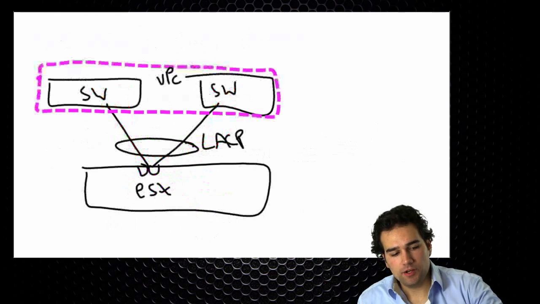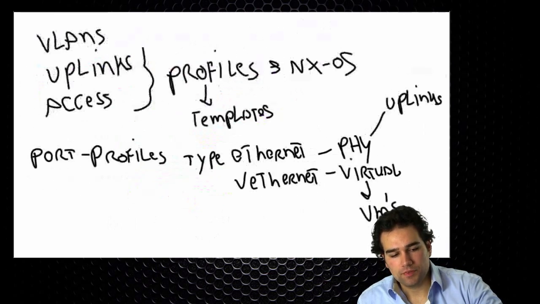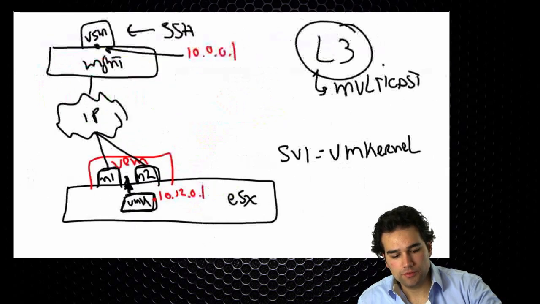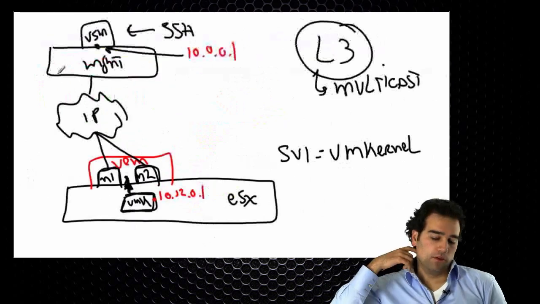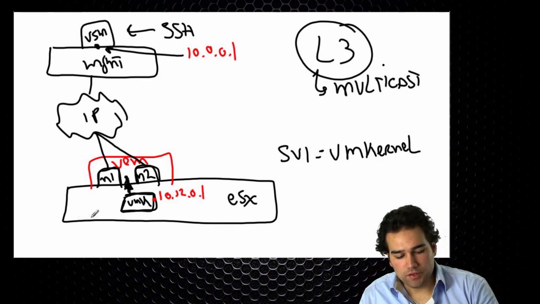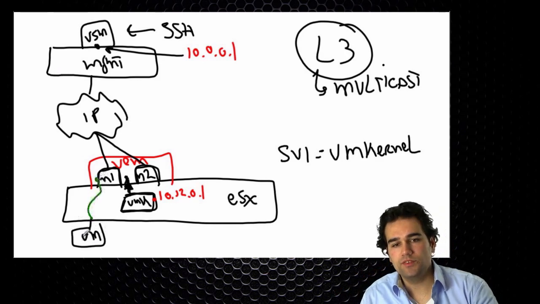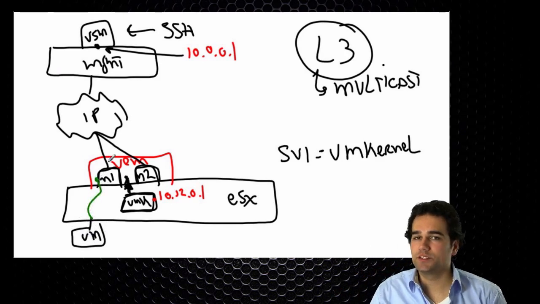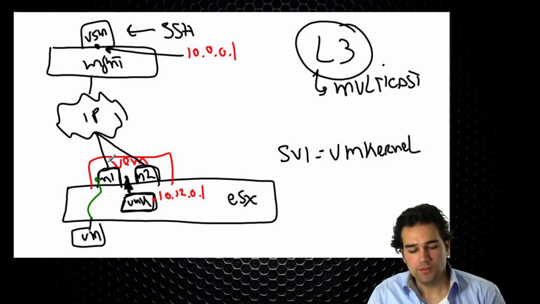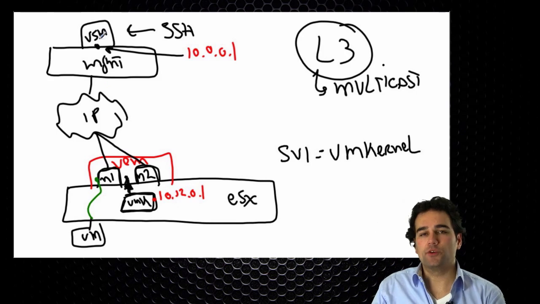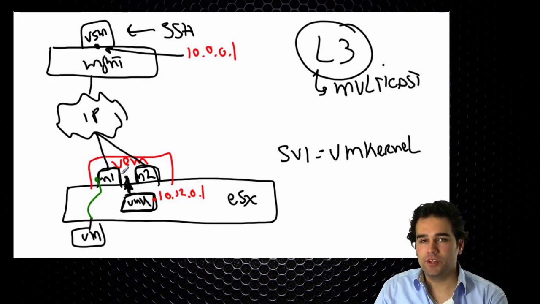The concept of the VSM and the VEM is that, where's my VM kernel port? Here. When a VM wants to come online on the Nexus 1000V, it sends a request to come online on the switch. So this VM here wants to come online on my Nexus 1000V. The VEM doesn't have the configuration yet.